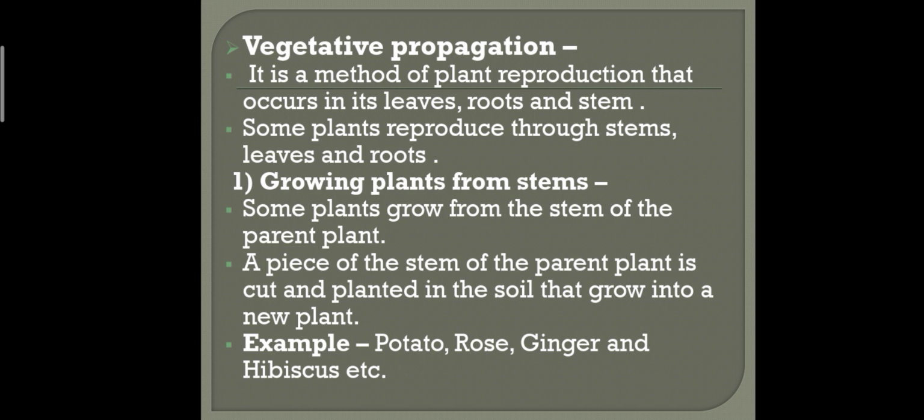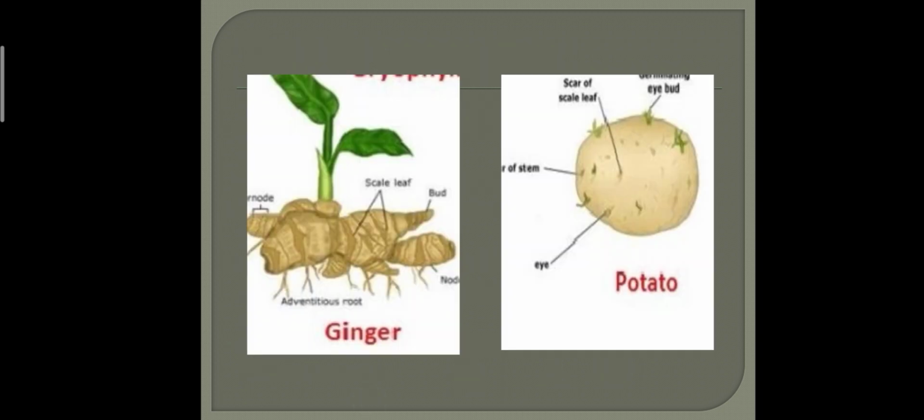Growing plants from stems. Some plants grow from the stem of the parent plant. A piece of the stem of the parent plant is cut and planted in the soil and grows into a new plant, for example potato, rose, ginger and hibiscus. In this figure you are able to see ginger and potato. If we cut the stem of the ginger and we plant it in the soil, a new plant will grow from each piece of the stem.